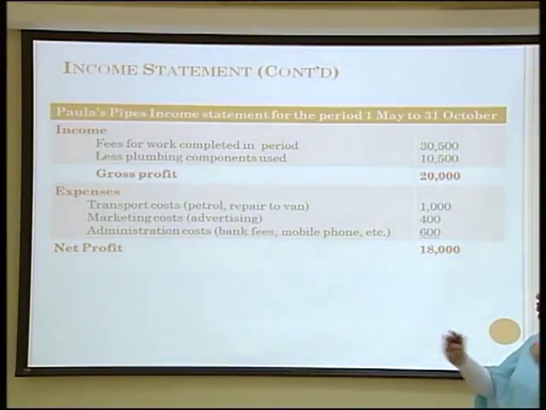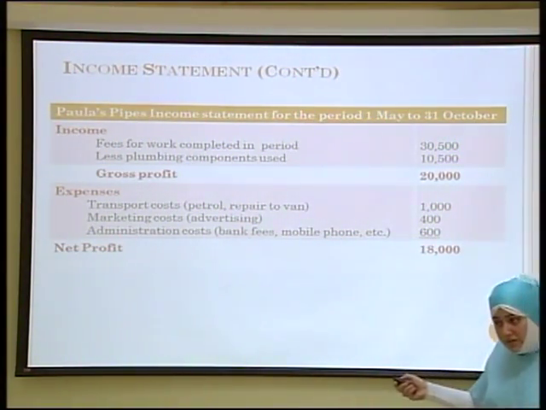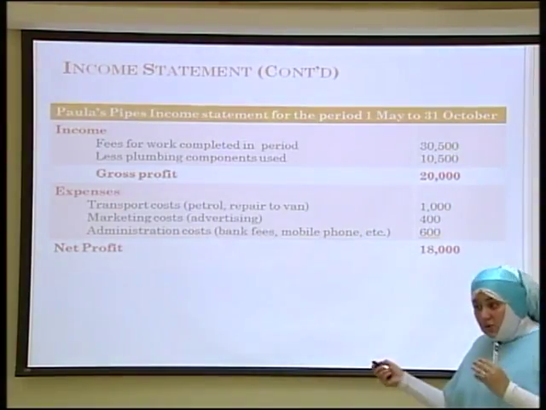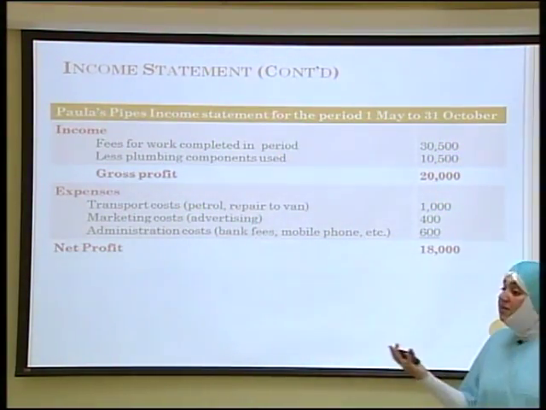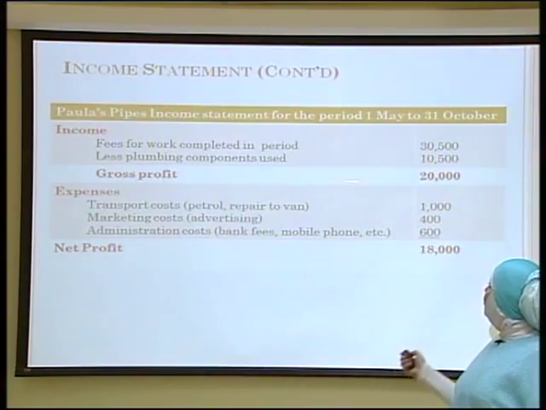Start with income, sales, or revenues, whatever you call it. For her, income is the fees she received for the plumbing service she conducts. Fees for work completed in period. She received fees, which means these are revenues for her. For how much?